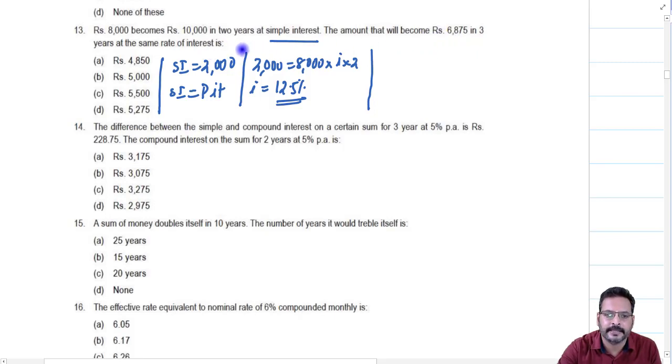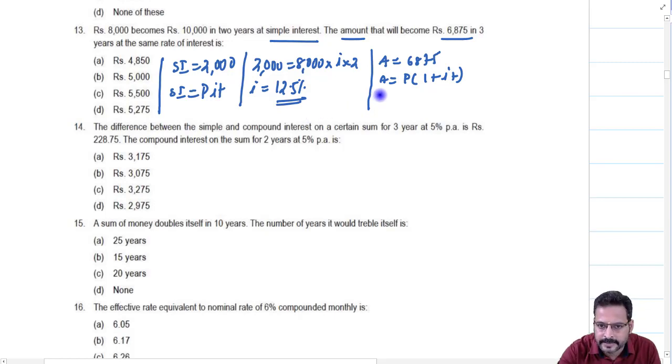So we have to find the amount that will become 6875 in 3 years at the same rate of interest. That means we have to find out the accumulated amount. Formula for finding accumulated amount is A is equal to P into 1 plus IT. The accumulated amount is 6,875.